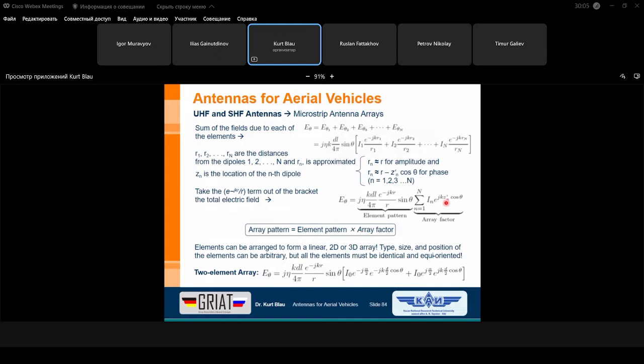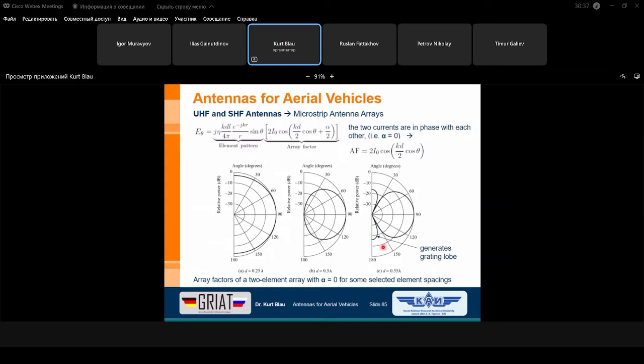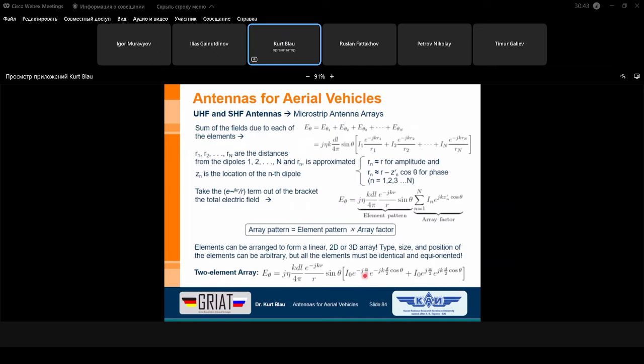But because we have a very short dipole, the current is constant, and so it's only the sum of all these single currents of the single dipoles, expressed by the index n. And in case of a two-element array, as an example, you can see it here. Here we have the two currents along the dipole. In this case, the dipole is not a Hertzian dipole, it has a certain length, for instance.